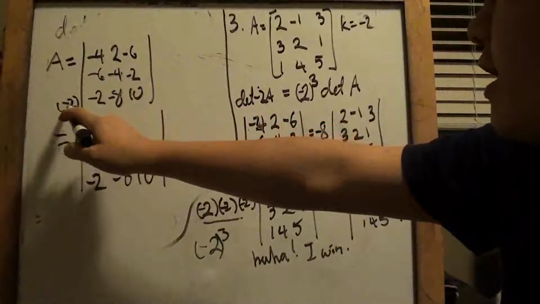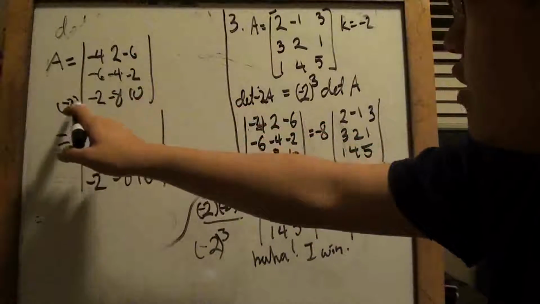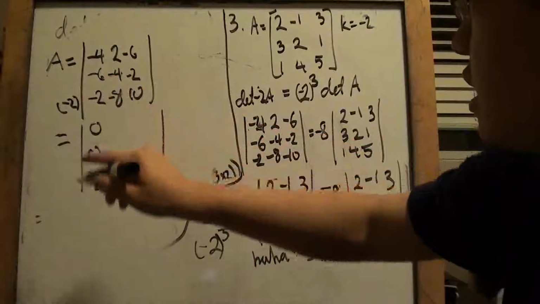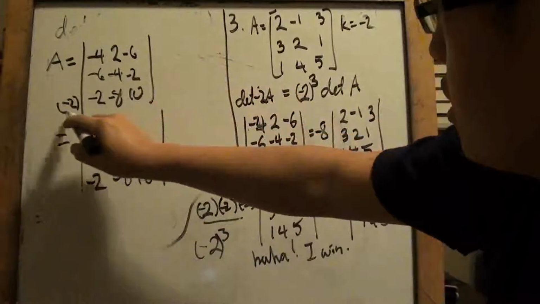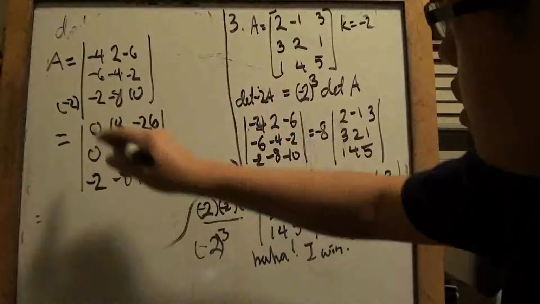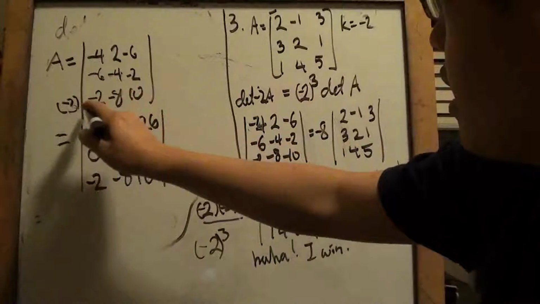I like that because I can keep track of things, because I'm a visual learner. So -2 times -2 is going to be 4. That will cancel out. -16. Oh no, 16. 18. -20. -26. That's going to be 3 to get rid of that.